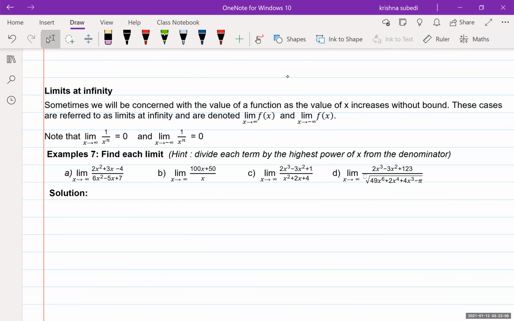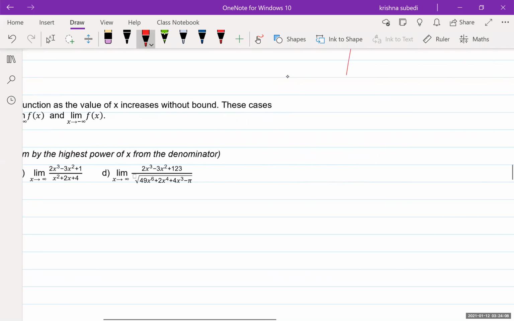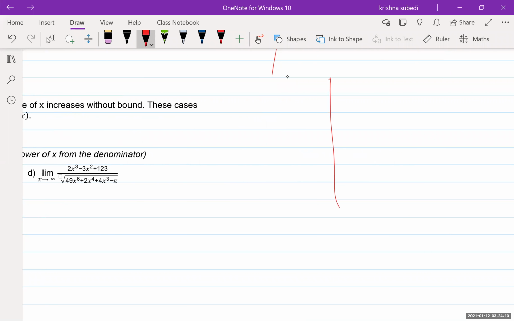Now we will be talking about limits at infinity. So what does that mean, limits at infinity? What it means is, let's say I have a function here. This is my f of x.